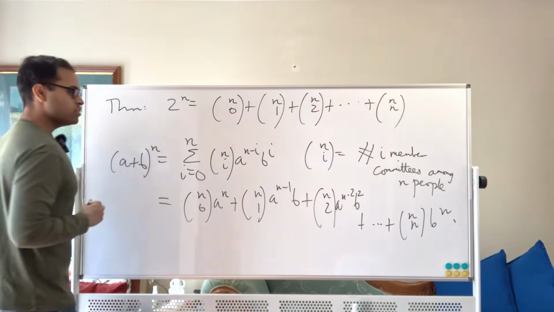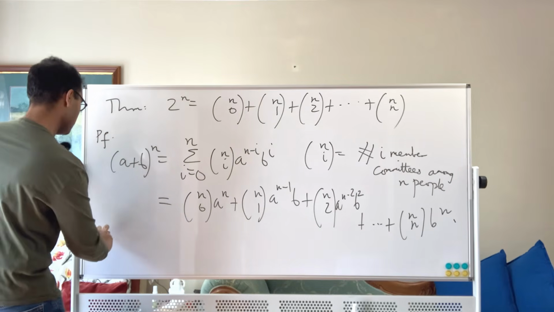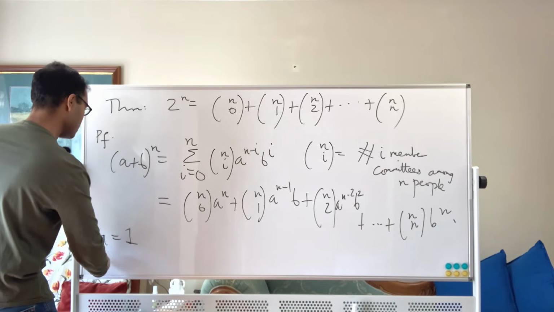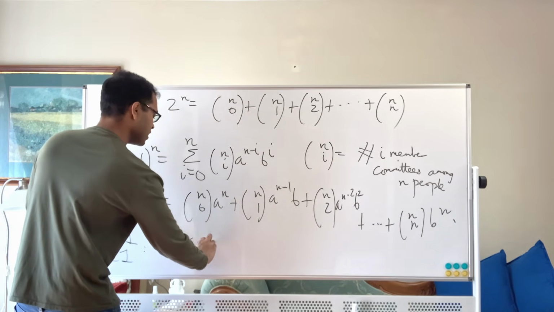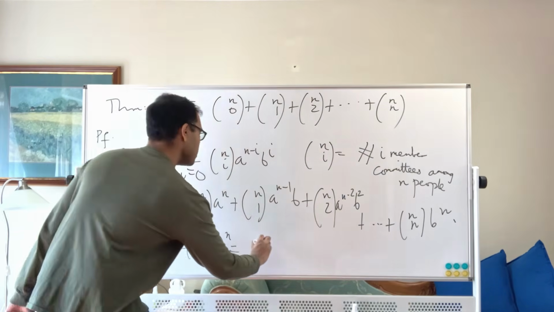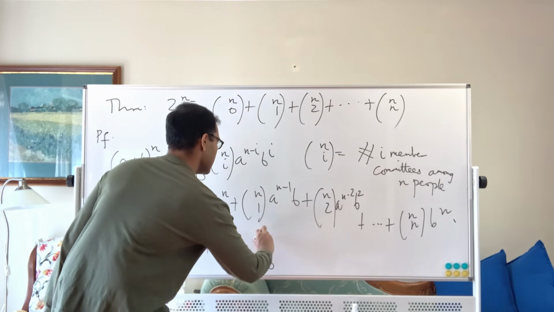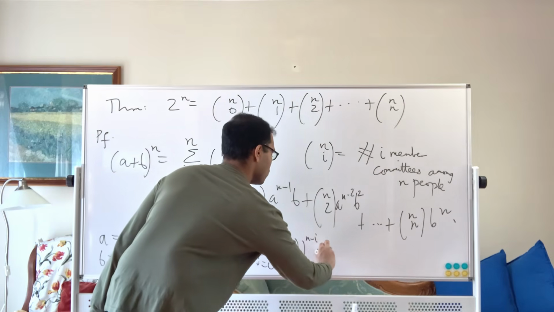So now all we have to do is plug in a equals 1 and b equals 1. Then we get that 2 to the n is equal to 1 plus 1 to the n. Plugging into the binomial theorem, we get the sum, i equals 0 to n, of n choose i times 1 to the n minus i times 1 to the i.